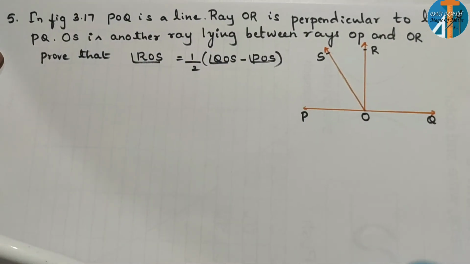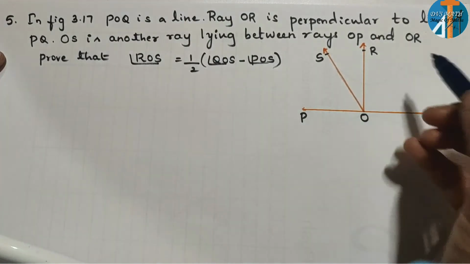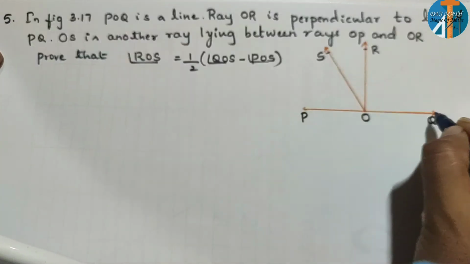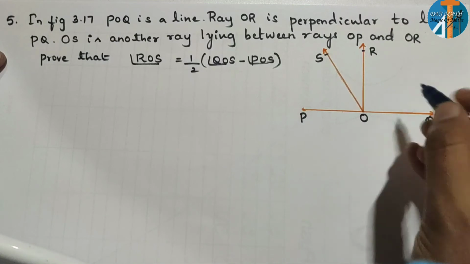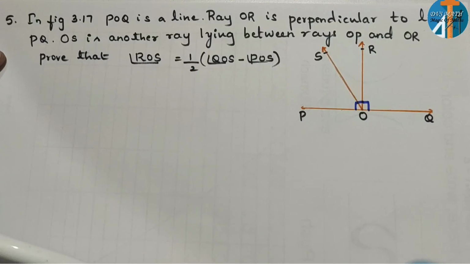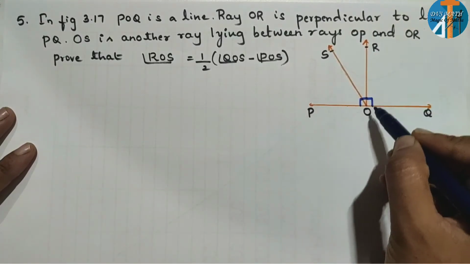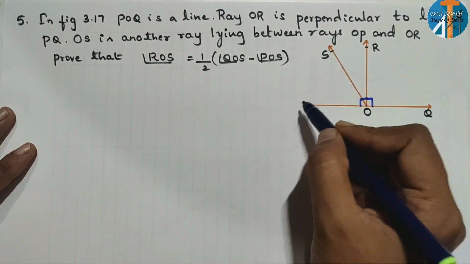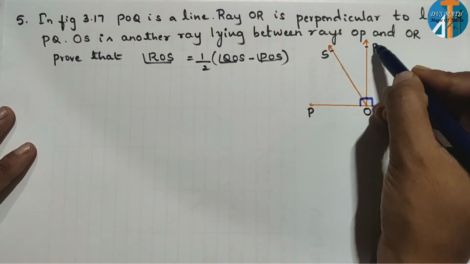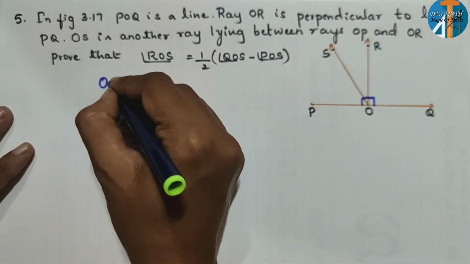Okay, now let us begin. So observe in this case. Here they are saying that OR is perpendicular to PQ. That means this angle is 90 degree and this angle is also 90 degree. So let us write, that is ROQ. Observe carefully, ROQ and ROP, or POR, QOR also you can write.